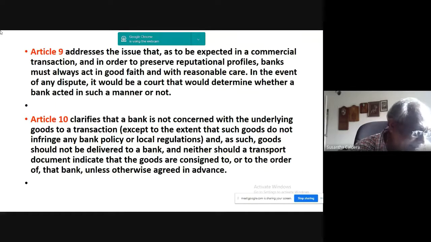Article 10b: Banks have no obligations to take any action in respect of the goods to which documentary collection relates, including storage and insurance of the goods, even when specific instructions are given to do so. Banks will only take such action if, when, and to the extent that they agree to do so in each case. Right?